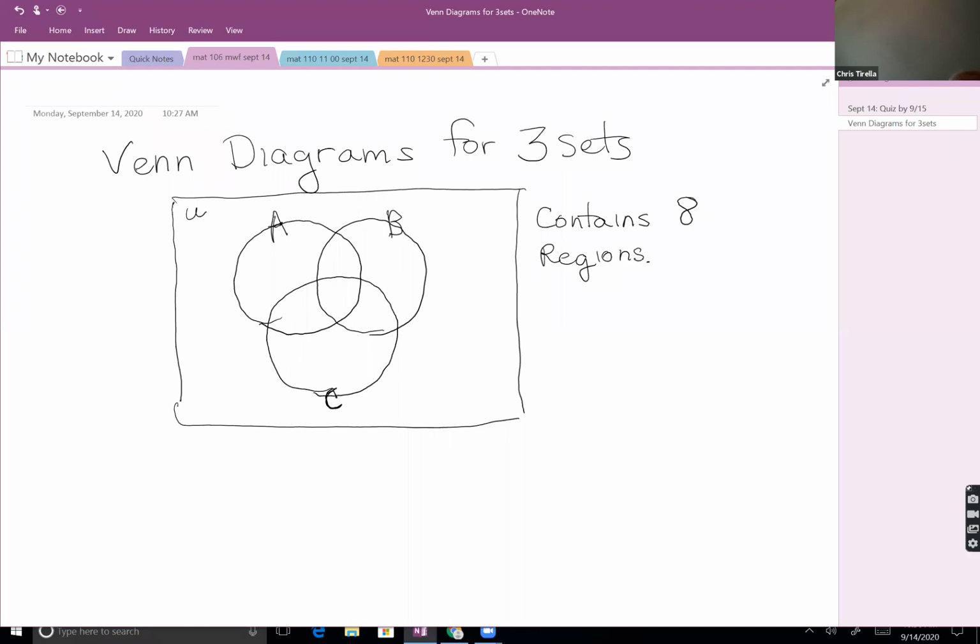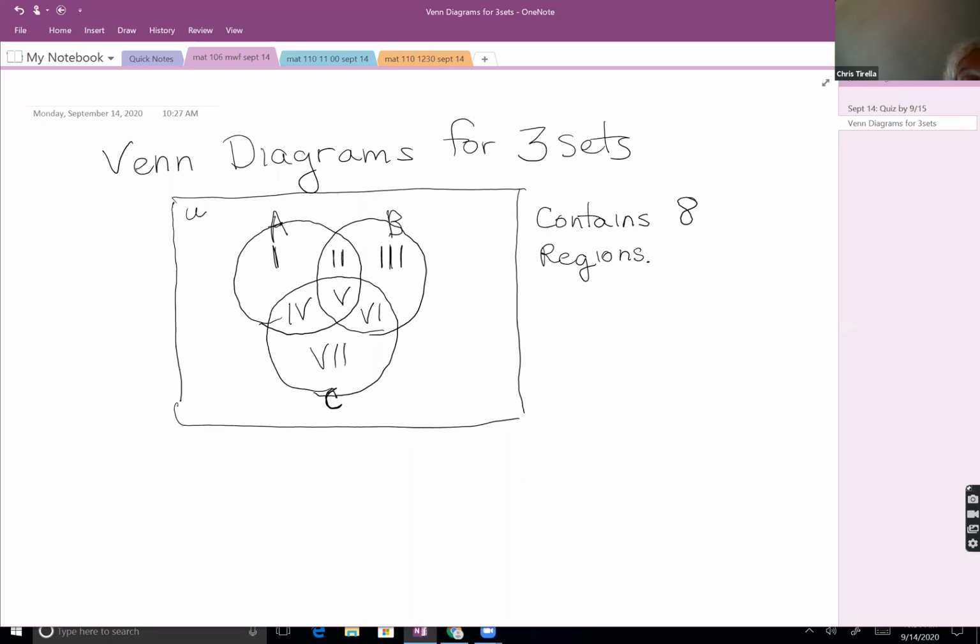We're going to discuss the regions, and when we do that, we're going to label them with Roman numerals. Most normal, labeling them with Roman numerals, 1 would be here, 2 would be this region, 3 would be over here, 4 would be here, 5 would be smack dab in the middle, then we'd have 6.